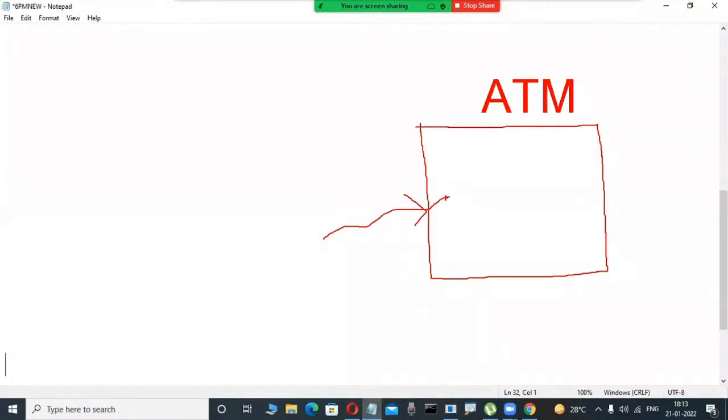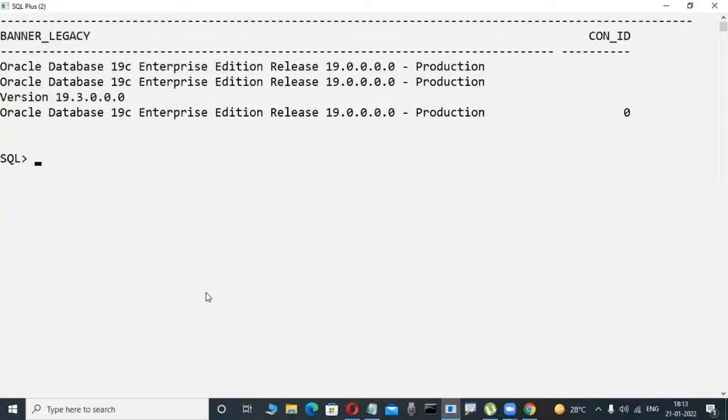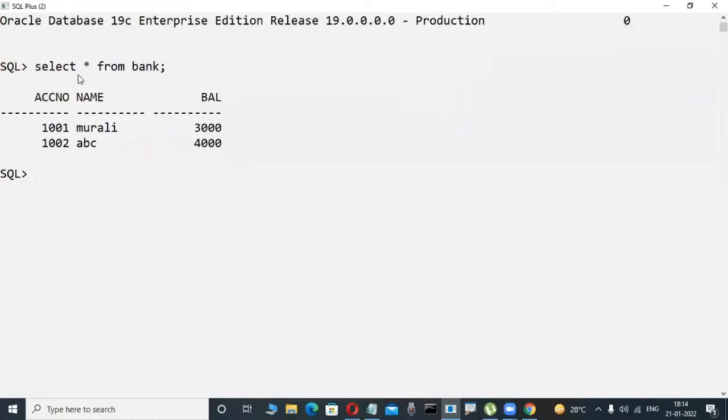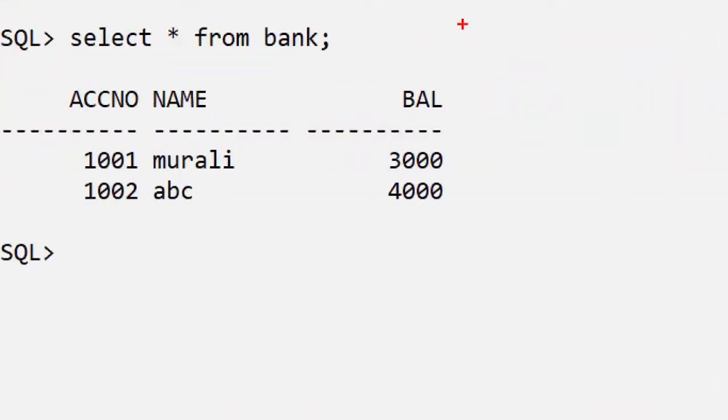Now check it out. Slowly observe the screen. Suppose in this database, a bank table exists, for example. Concentrate here. Just observe the scenario, a very easy way to understand. This is a bank table. In table format only, we store the data.